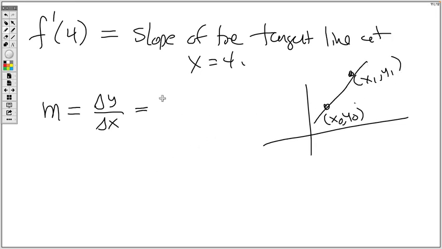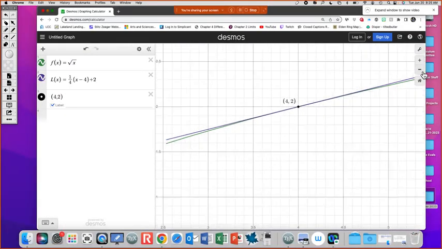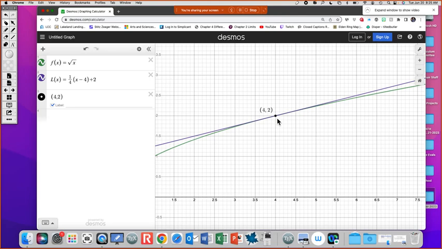You take your change in your y over your change in your x. You follow? So here's the challenge with this tangent line. The only point I have on this graph that I know for sure is on the tangent line is the point 4,2 itself. You follow? I don't have another point. You with me or not? This is where we're going to have to do some calculus.